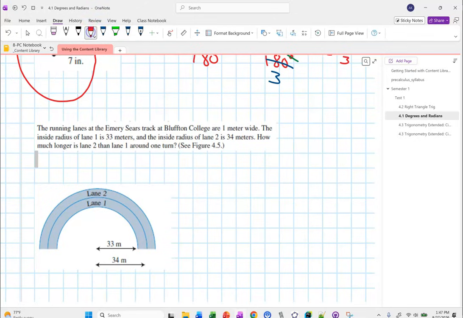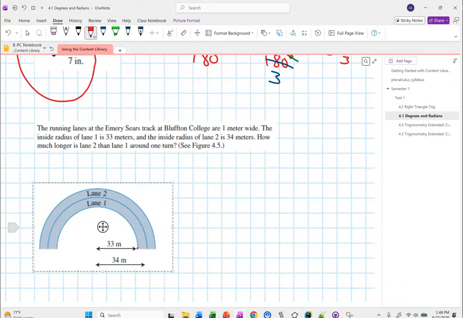So, if you are running on a track and you want to get from the start to the finish as fast as you can and you're running along the curve, what part of the lane do you want to run on? Like the inside of the curve, right? That'll be the shortest distance. Everybody agree? Okay.